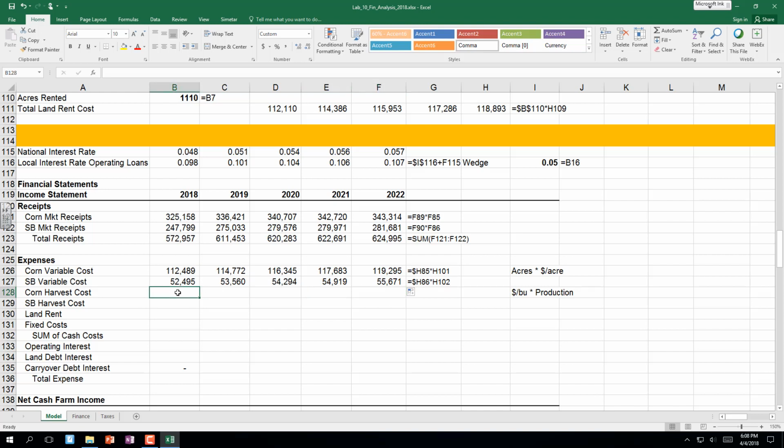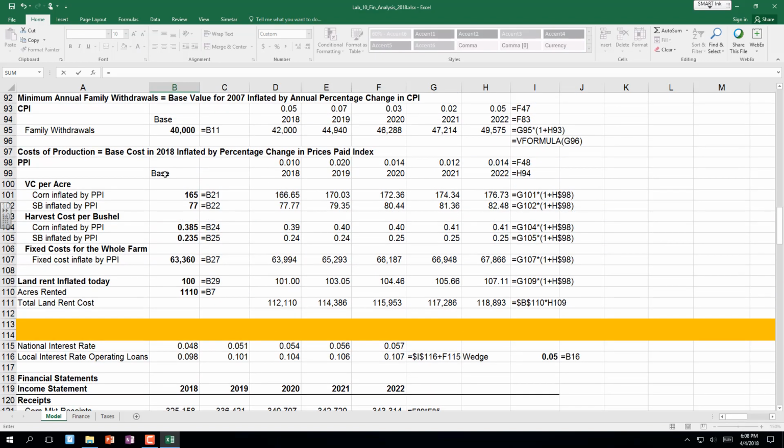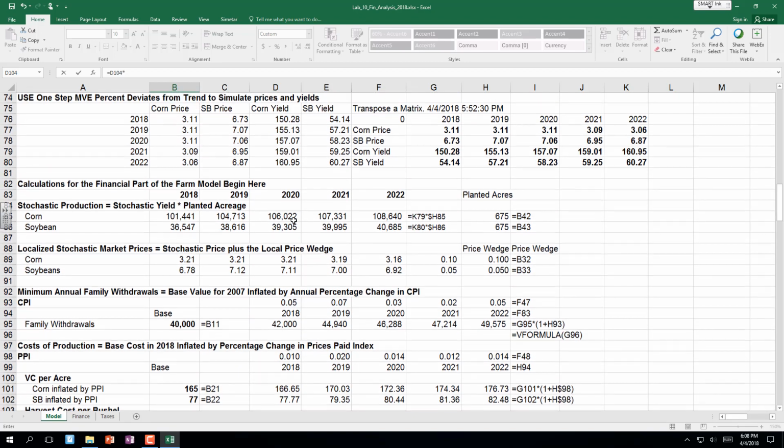Now I have corn harvesting costs. This is going to be production times the cost per bushel. So equal dollars per bushel, and we have that inflated corn harvest cost per bushel. And we multiply it by production.